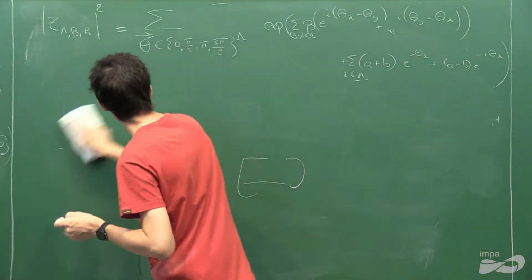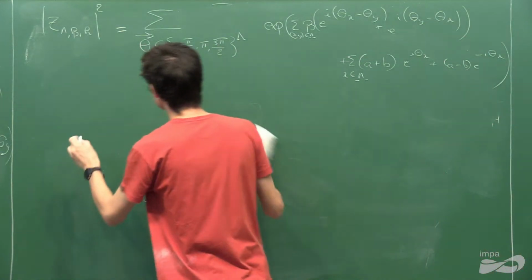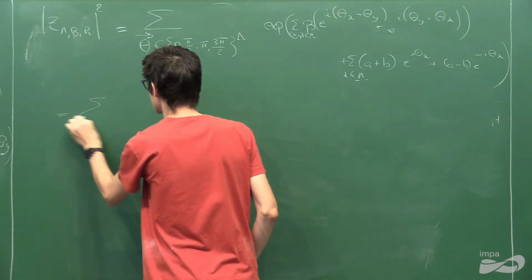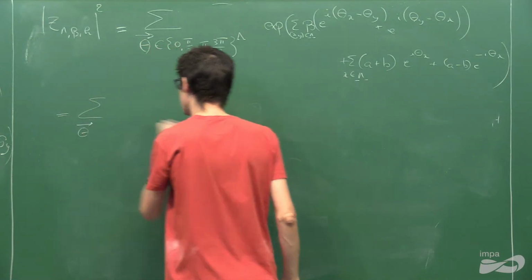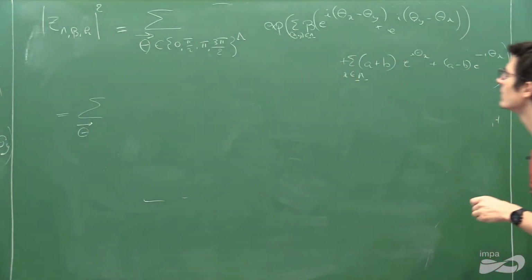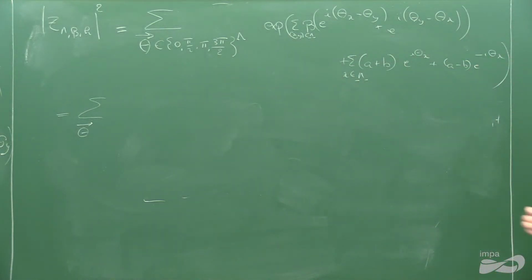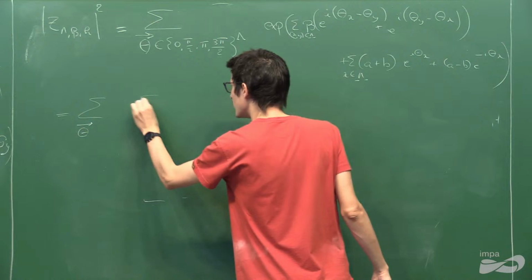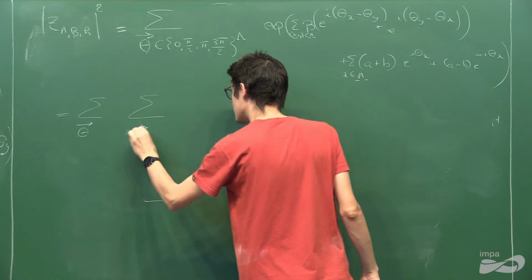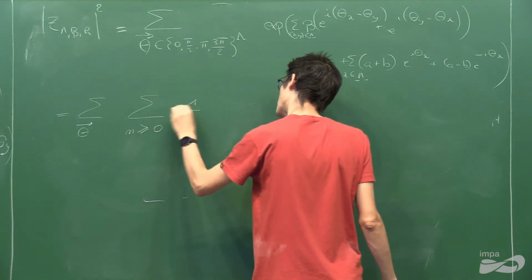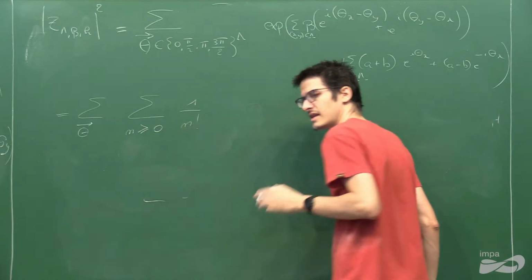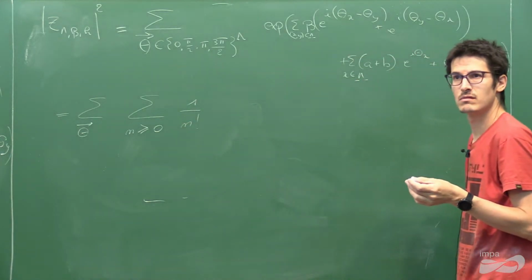So now I'm just saying that this thing is the same sum over θ. Let's not write the set on which I'm summing. And then I have a sum over n larger than 0, and then I have 1 over n factorial. I'm just taking the Taylor expansion of the exponential.